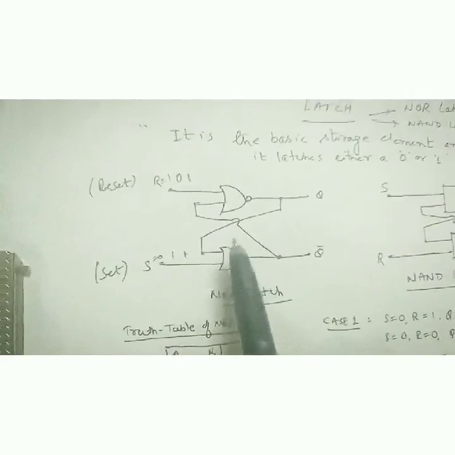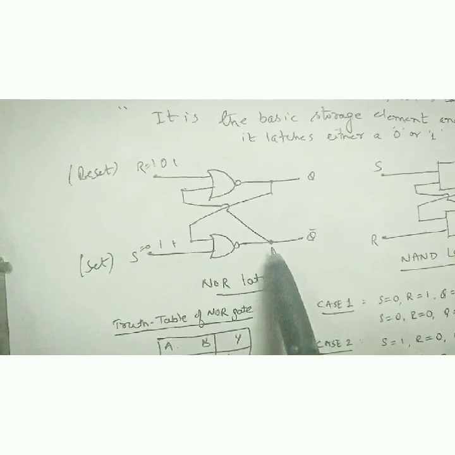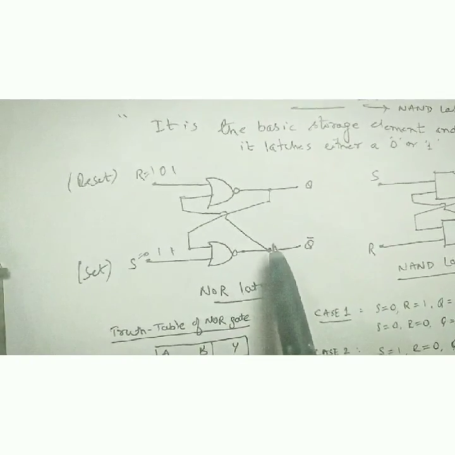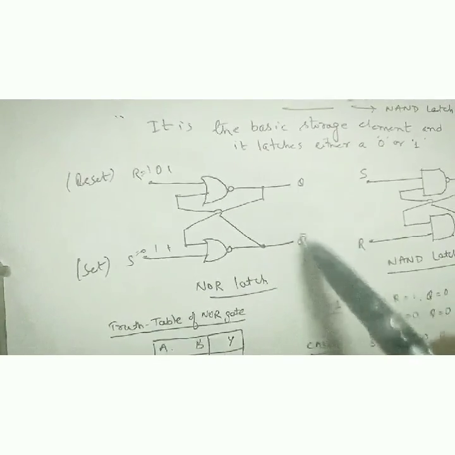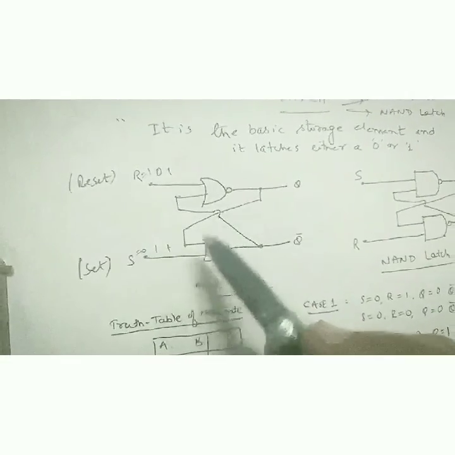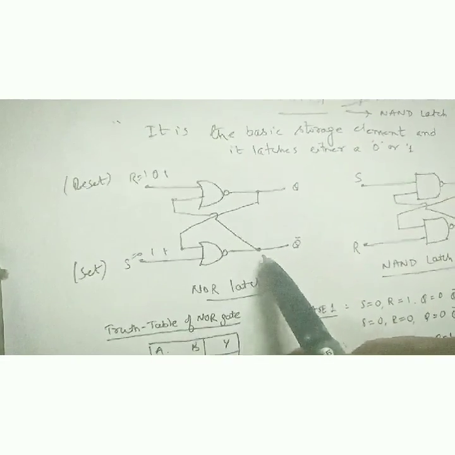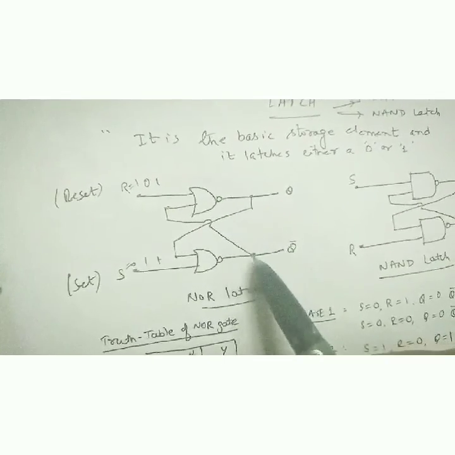Okay, now let us consider the second case. So now we will consider Q bar and then see what output it provides to us. Okay, so we know that both the outputs are 0 0 and inputs are 0 0. So now considering Q bar as the output to consider first, let us see what happens.